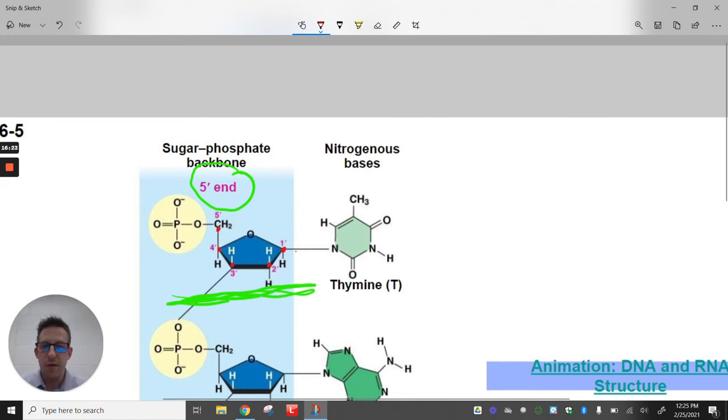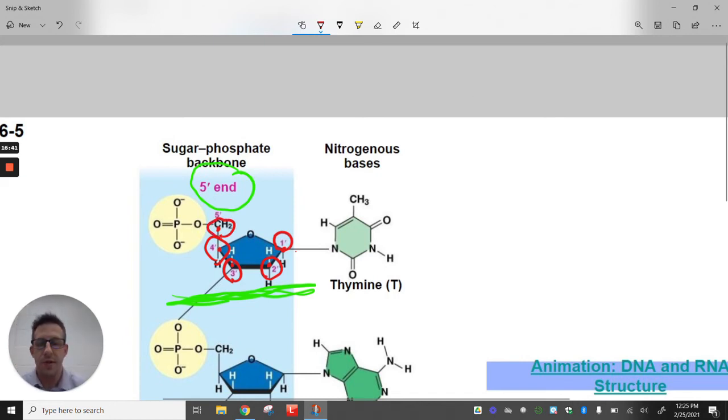Each one of those corners represents a carbon atom. So this carbon atom is labeled as the 1', this is the 2', the 3', the 4', and then the 5' up here. That's just how they do it.